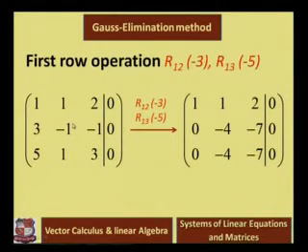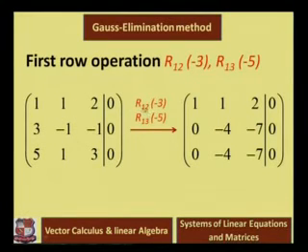And the second condition of the row echelon form: below the leading one entry there is a 3 and 5, but we need 0. For that we convert this 3 and 5 to 0.